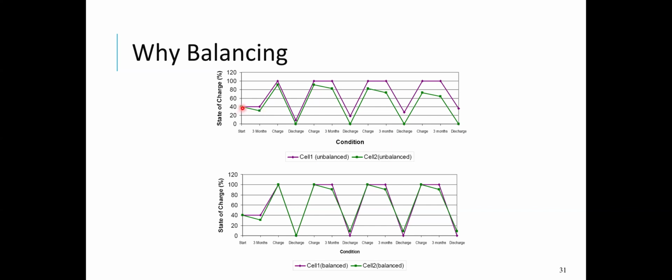Then cell 2, which has a slightly lower capacity, when I discharge it, will end up here, while the other one will not be discharged as much.